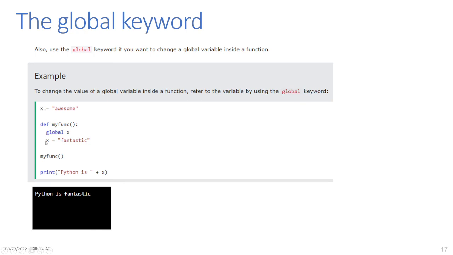That's why if we call the function my function, the value of x will be actually changed, and of course this will be changed also because these are actually referring to the same variable, the same address. So once you print Python is x, since we have called this function, it will print Python is fantastic. So this one is actually overwritten, or it was changed by this function, when we call that function.